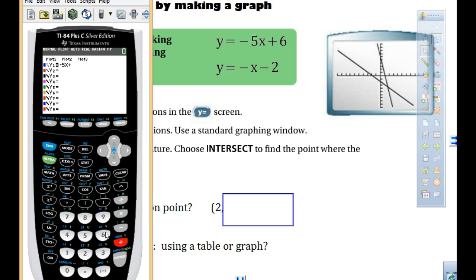We can tell our y-intercept is 6, has a negative slope. It's pretty steep compared to our second one, which has a slope of negative 1. You can just put negative x, and then you have your minus 2. And again, this time we're just going to graph those two right away. We don't have to use the zoom function.